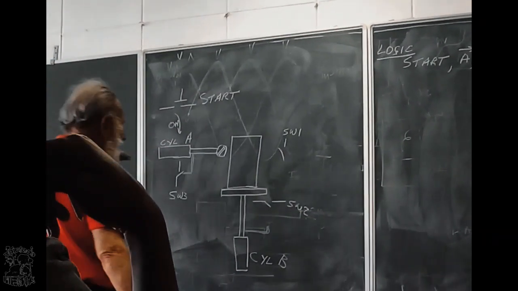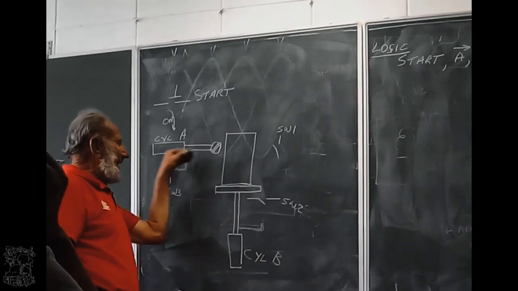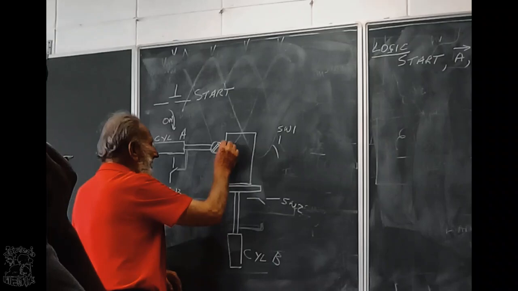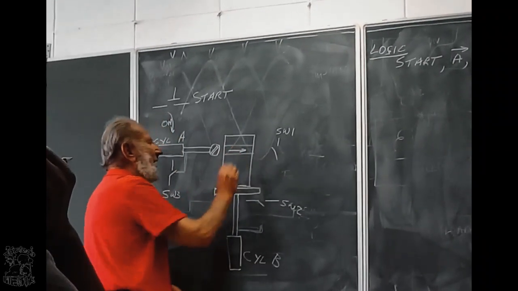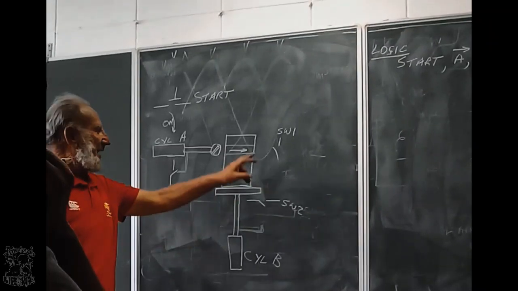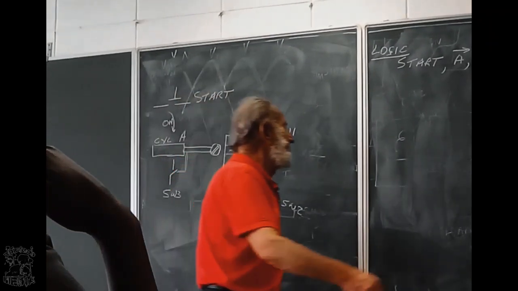It will move that direction. Then, when it comes out the other side, so there it's going to cut that groove while it's moving in that way. When it comes out the other side, it's going to touch switch 1.